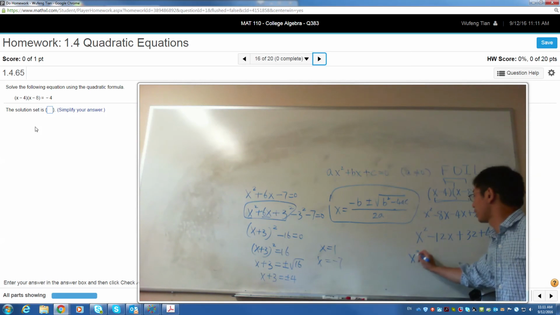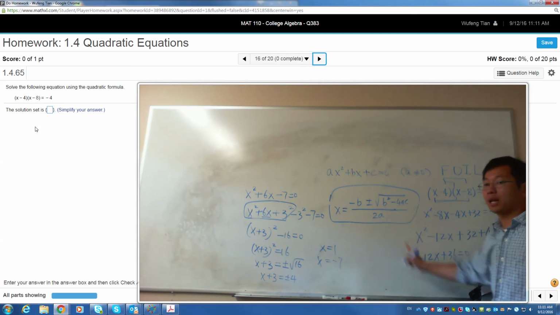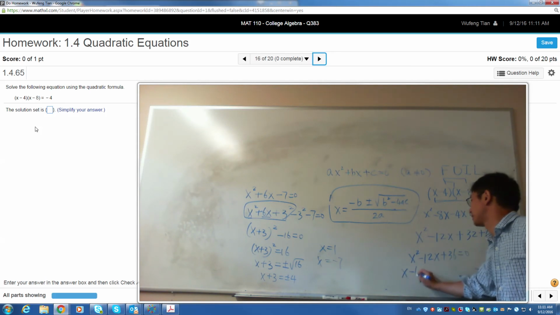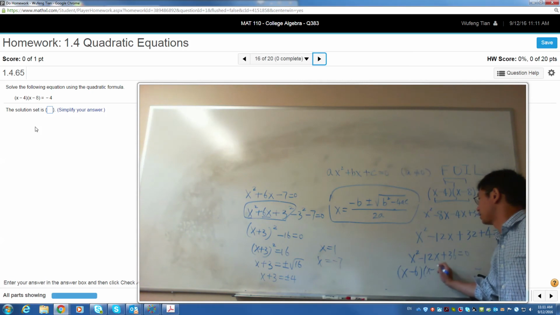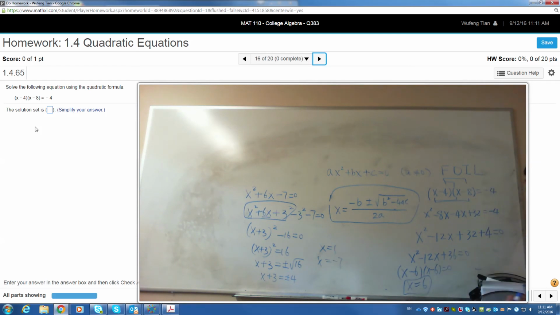So I have x squared minus 12x plus 36 equals 0. You can use the quadratic formula, but I can do it an easier way because this is a perfect square. You can factor it as x minus 6 squared equals 0, and x equals 6, for both roots.